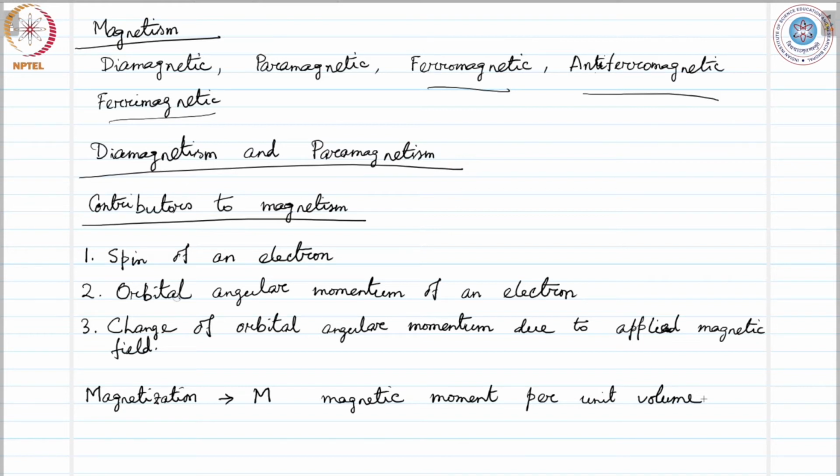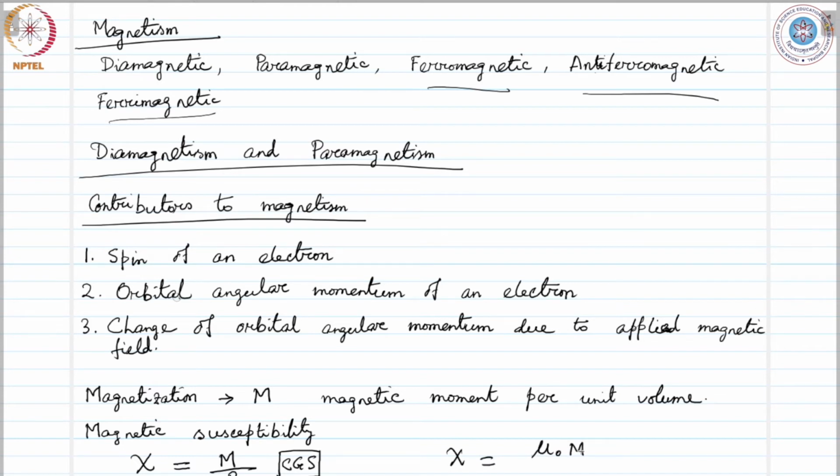And then we can define another quantity called magnetic susceptibility, expressed with chi, which is given as magnetization over the magnetic field in CGS units, and in SI units it's given as mu naught times the magnetization over the magnetic field.